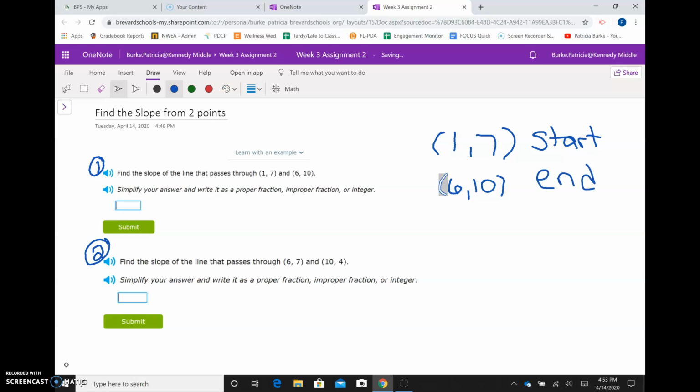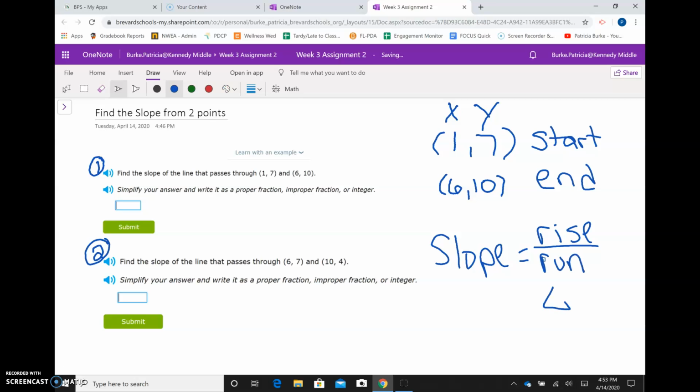All right, and remember, these are your x's and these are your y's, and when you are looking for slope, remember it is rise over run, and that is simply the change in y over the change in x.